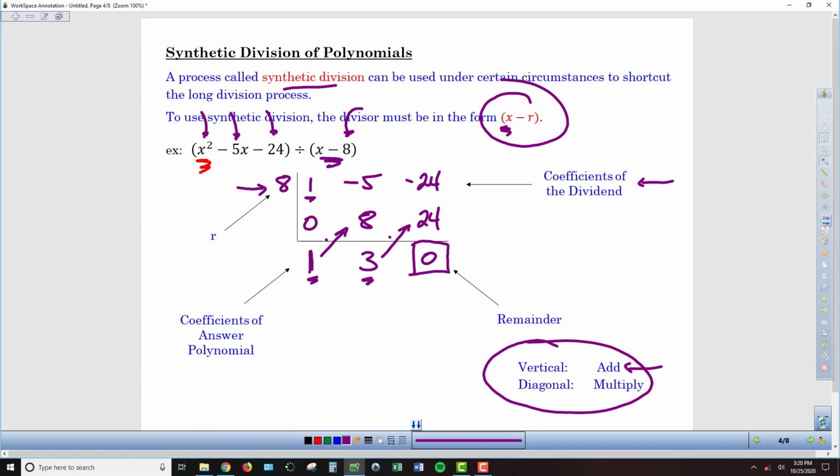They're the coefficients in front of the variable x, starting from one less exponent than our dividend had. So if our first term right here was x squared, then this is going to be the coefficient in front of x. So we're going to have 1 times x, or just x, and then we go down from there.